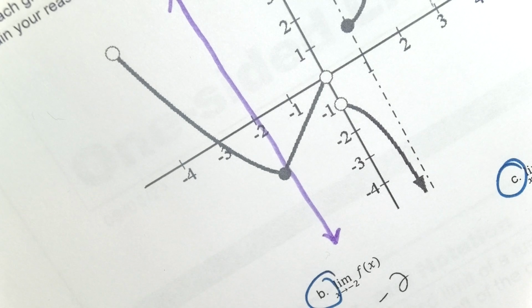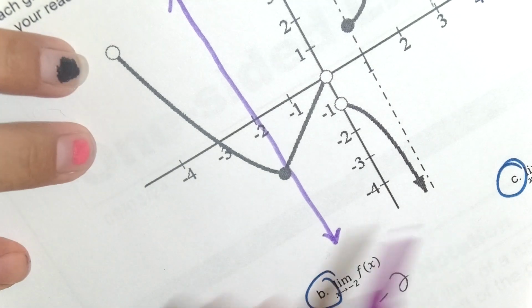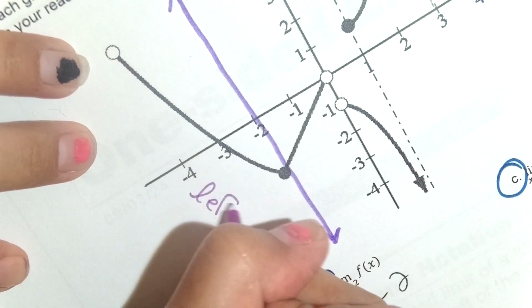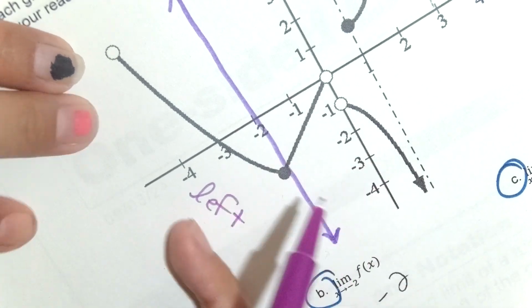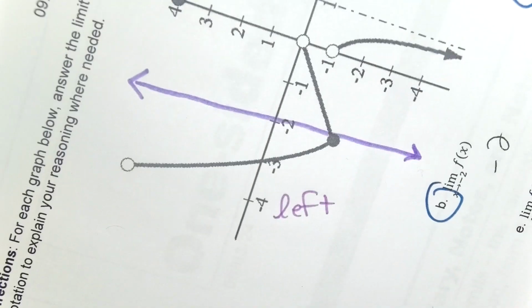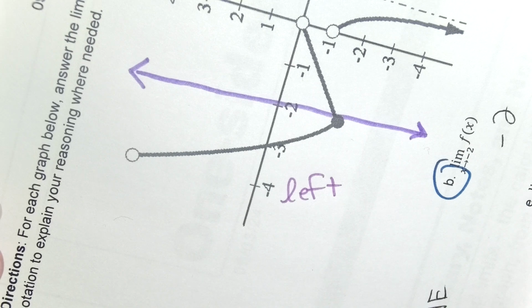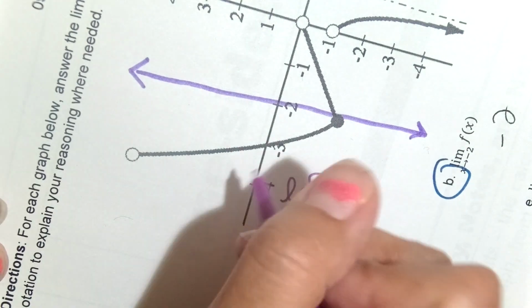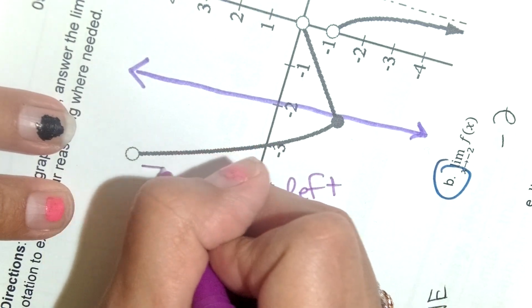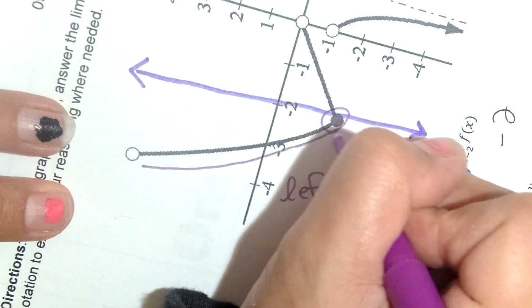Mathematically, in order to see if a limit exists, we need to go from the left. So this side is the left, right? This is the left of the graph. I'm going to move until I get to this point.